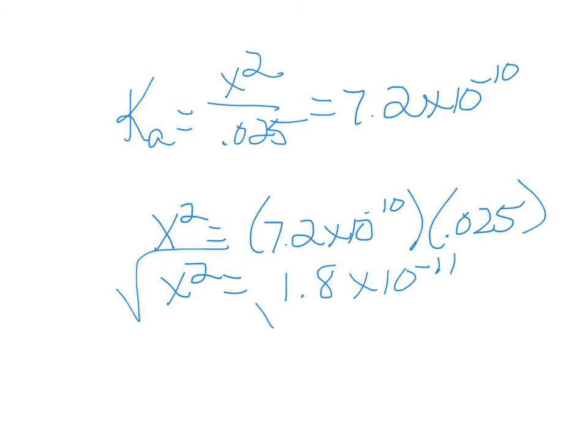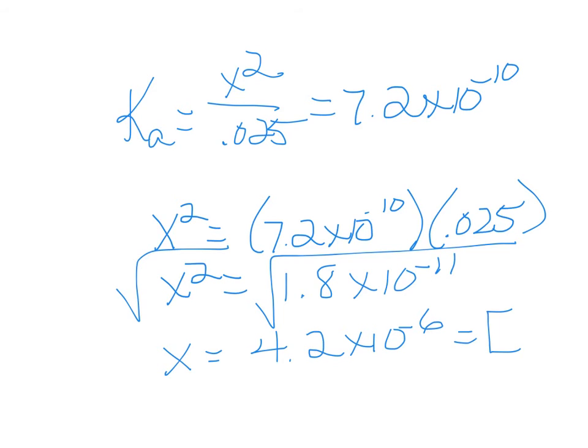Take the square root of both sides, and the square root of 1.8 times 10 to the minus 11 is a little bit bigger, 4.2 times 10, I gotta count zeros, to the minus 6.